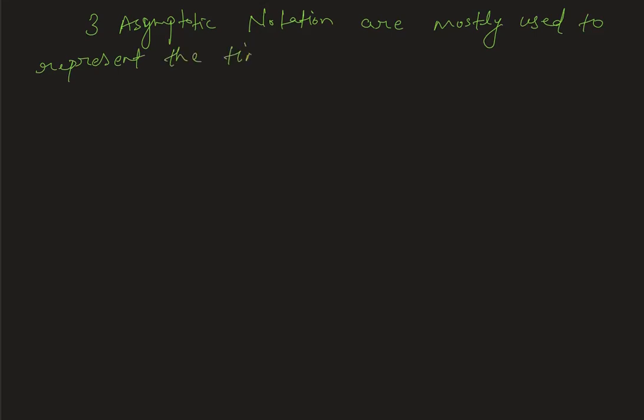Three asymptotic notations are mostly used to represent the time complexity of algorithms.